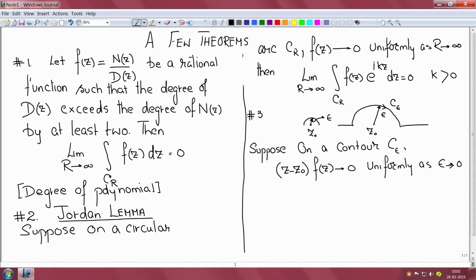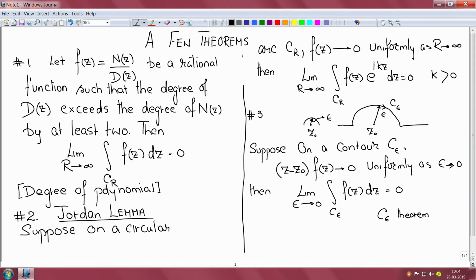Then the limit as epsilon tends to 0 of the integral over C epsilon of f of z dz is equal to 0. We will call this the C epsilon theorem 1.